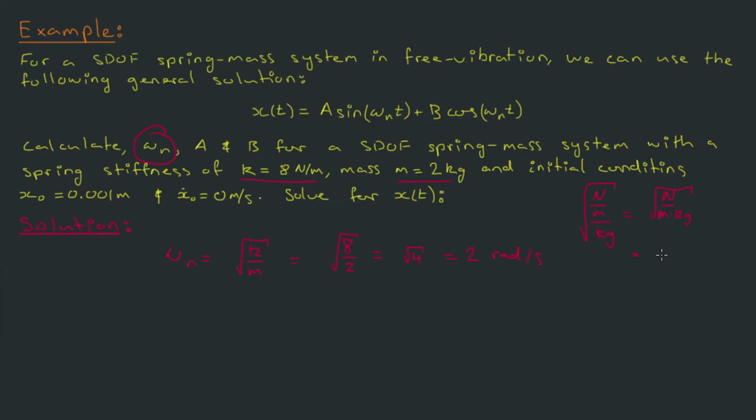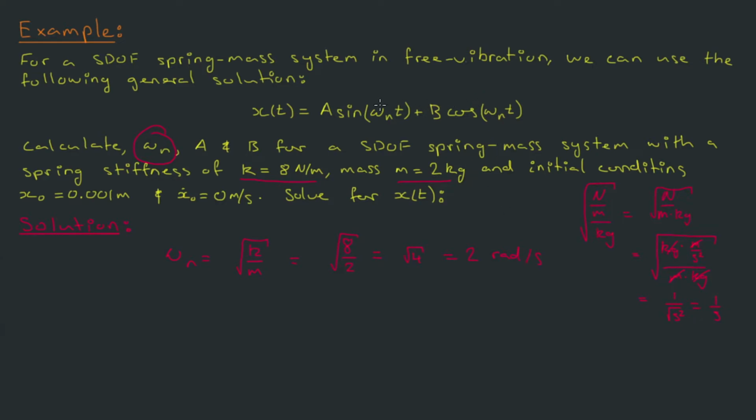So we have mass times acceleration. So it's going to be kilograms times meters per second squared, divided by meters times kilograms, and this is all square rooted. So you see the meters cancel with the meters, the kilograms cancel with the kilograms, and all we are left with is 1 on root seconds squared, which is equal to 1 on s.